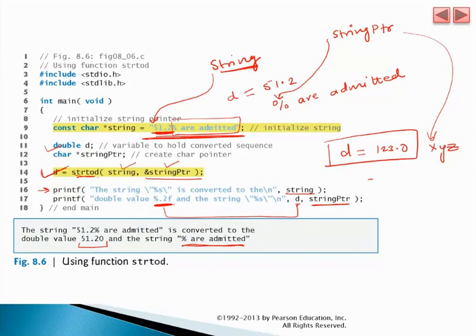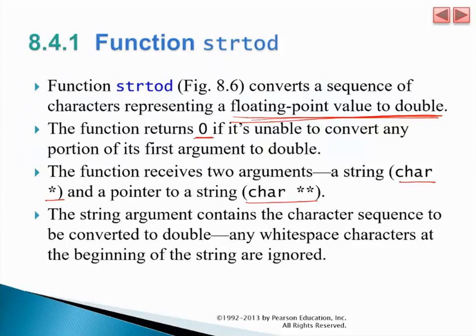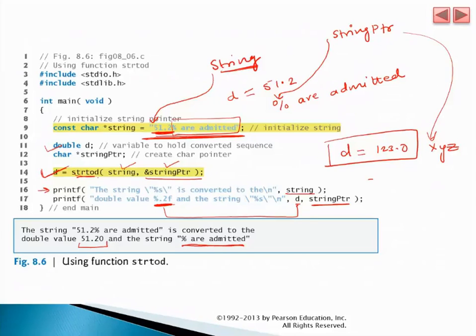Okay, so the required format is this. We have this string, and we are passing it along with the pointer. Now this is a double pointer because we are actually passing a pointer. How can we pass the pointer itself? We pass the address of that pointer, so we are making a pointer to a string pointer.